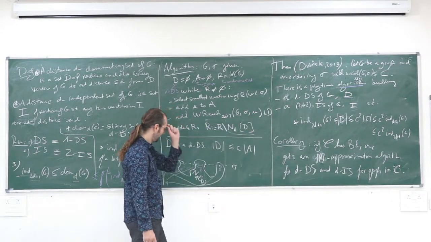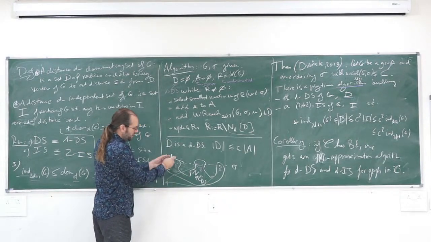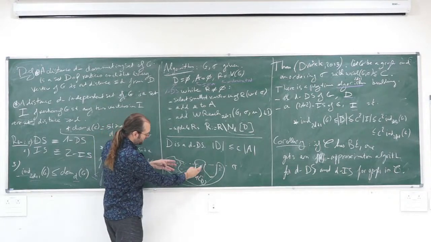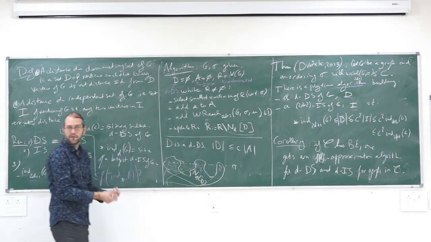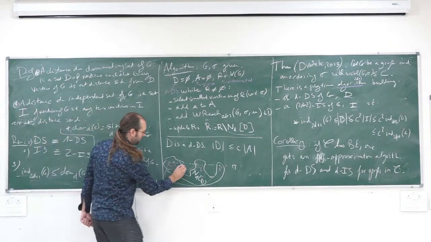So this A is really small, it is this green set. My D is a bit bigger, and the dominating vertices of D are the white vertices here, they're even bigger. Everything else is R, so all these parts here are undominated.